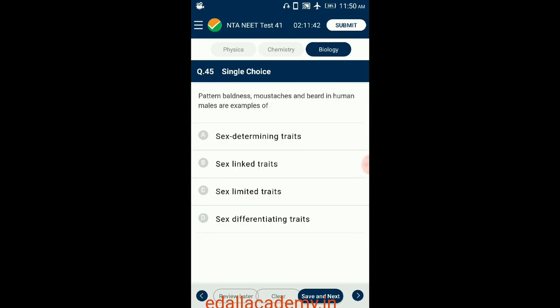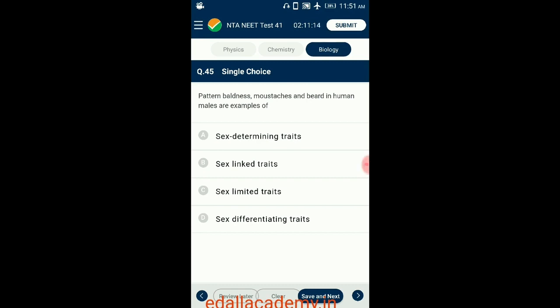Question number 45. Pattern baldness, mustaches and beard in human males are examples of sex-linked traits such as colorblindness or hemophilia, or those which show a crisscross pattern of inheritance of certain genes together along with sex determining genes because of their presence on the sex chromosomes.